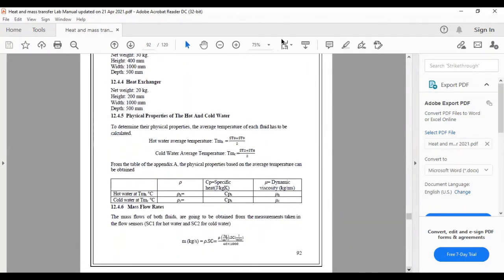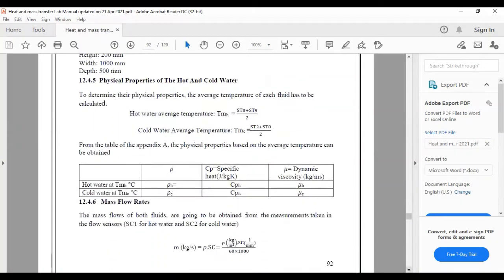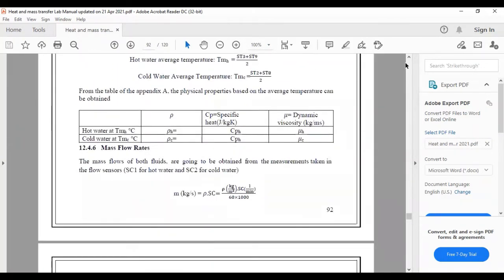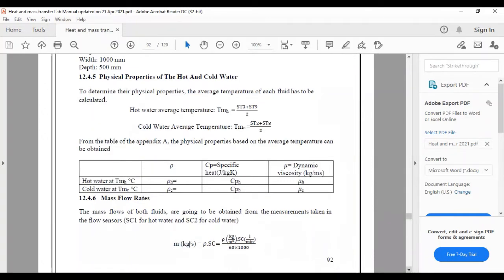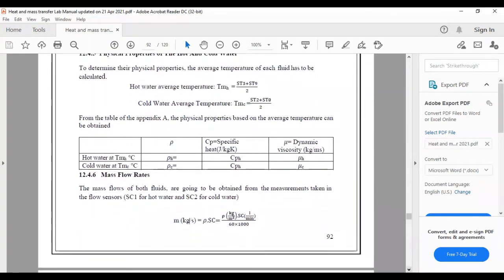One important thing I will mention here is that we need to calculate the mass flow rate of hot water as well as cold water. In order to calculate the mass flow rate, we have the formula written here: the density of water multiplied by the flow rate that we will measure in the experiment.